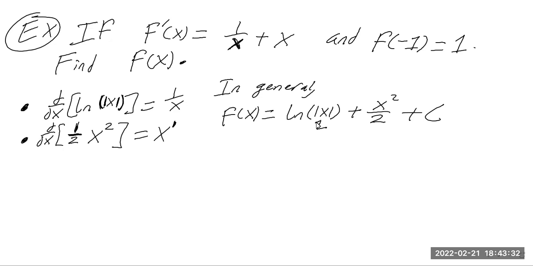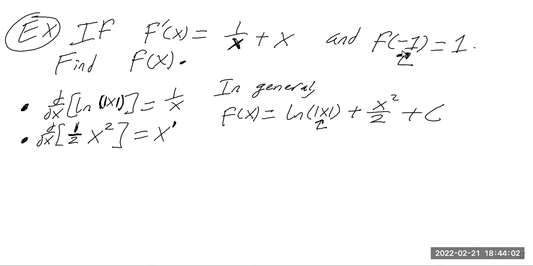Now you might be asking yourself, why did I have to put that absolute value there? Isn't the derivative of the natural logarithm of just x also 1 over x? Yeah, it is. Sure, totally. But what should tip us off is that I'm taking in -1 to the function.